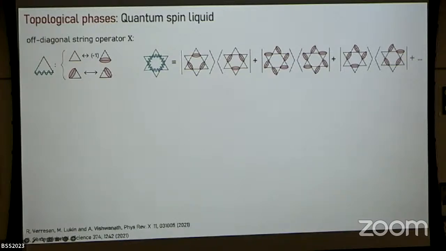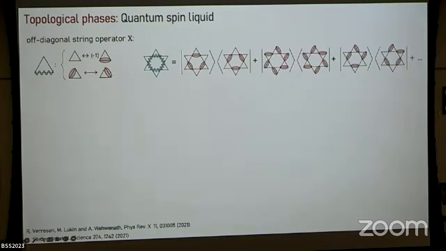So for example, if you take this, where you have these 3 dimers, you apply the X operator. So here you're gonna remove the dimer, you're gonna create one here, remove this one, create one here, and so on. And so you get into this complementary dimer covering. Same thing here, you apply X on the hexagon, you're gonna swap the position of all these dimers and end up here, if you do it here, and so on and so forth, okay?